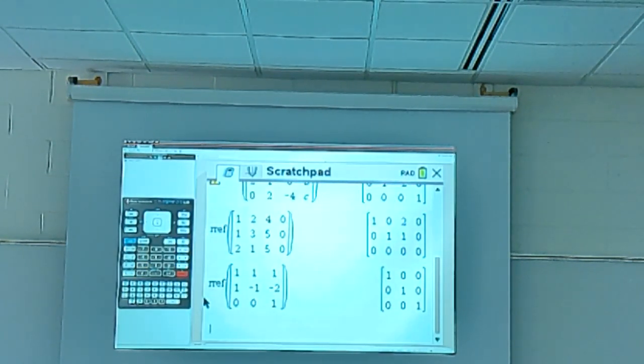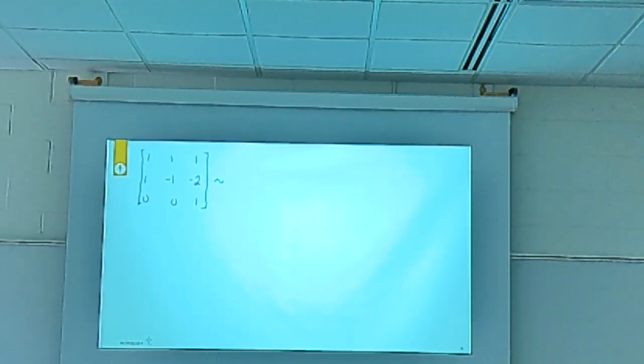Boom, identity. C1, C2, and C3 all have to be 0.